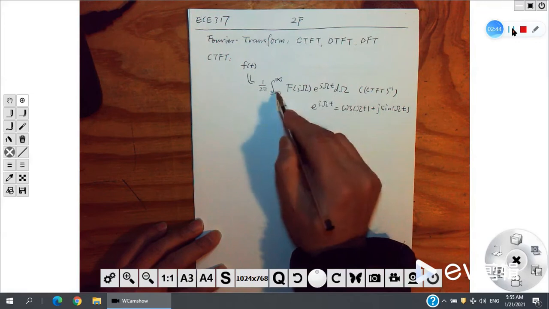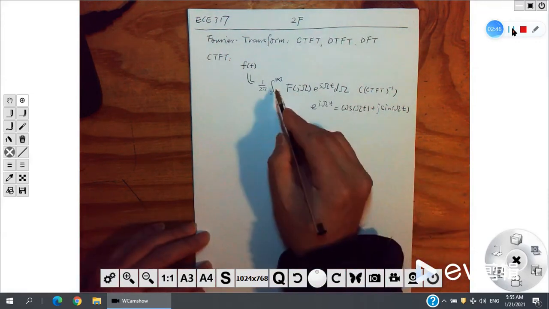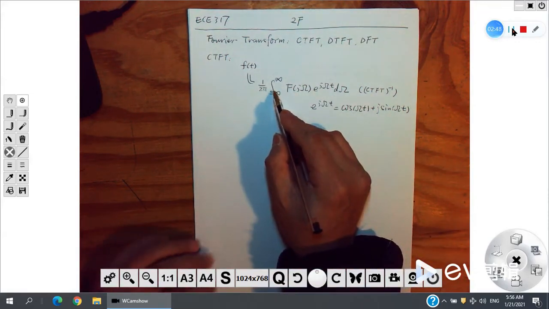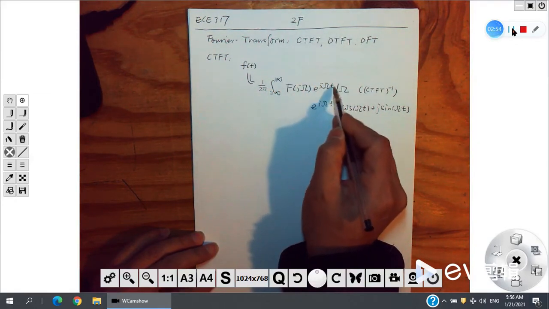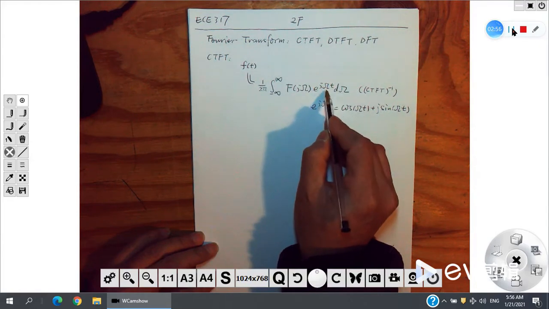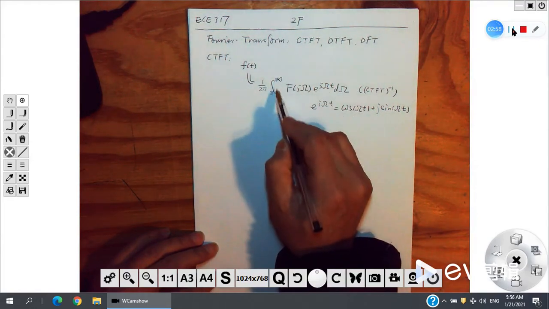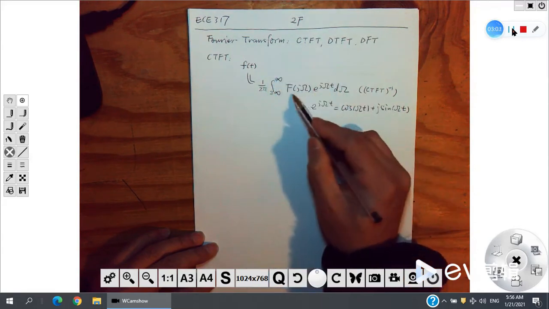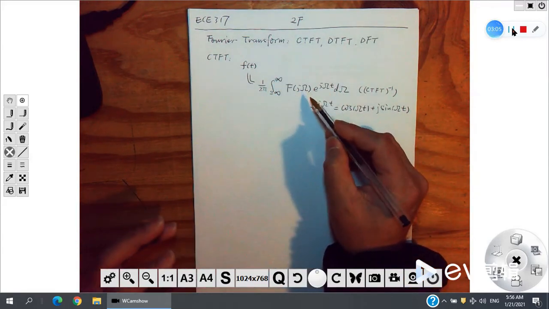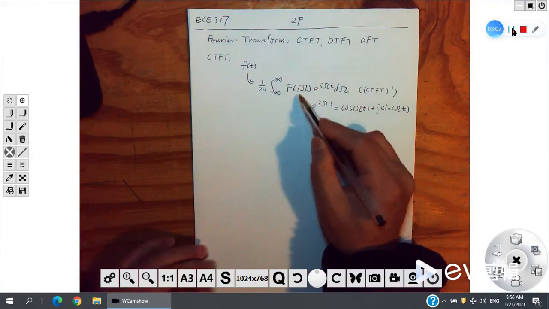The integral is a limit of summation. So it's a combination of these sinusoids with different omega. Omega runs from negative infinity to positive infinity. And this capital F is a weight. We call it a spectrum, but it's a weight.